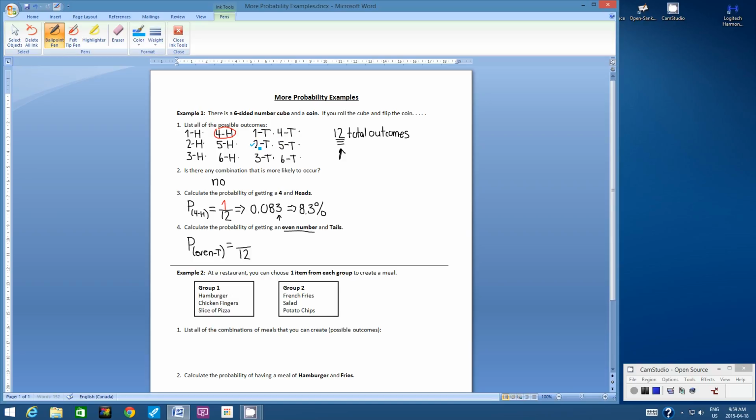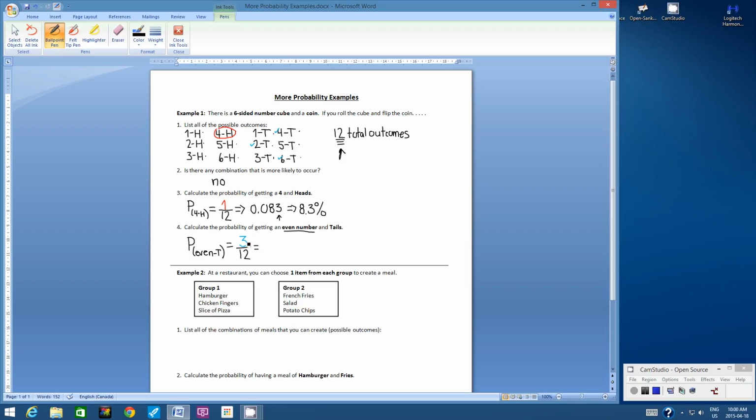Well, there's this one, 2 tails. 2 is an even number. 3 tails is not an even number. 1 tail is not an even number. 4 tails is an even number. 5 is not. 6 tails is. So how many do we have? We have 3 possible outcomes. So we have a numerator of 3. All right. So 3 over 12 is not in its lowest form. Were you able to reduce it to its lowest form?